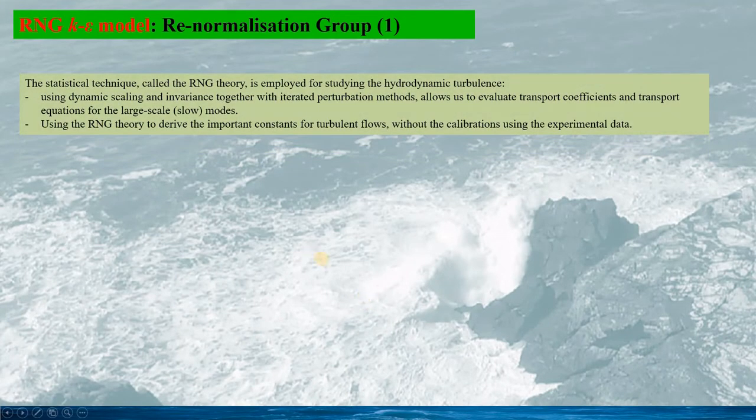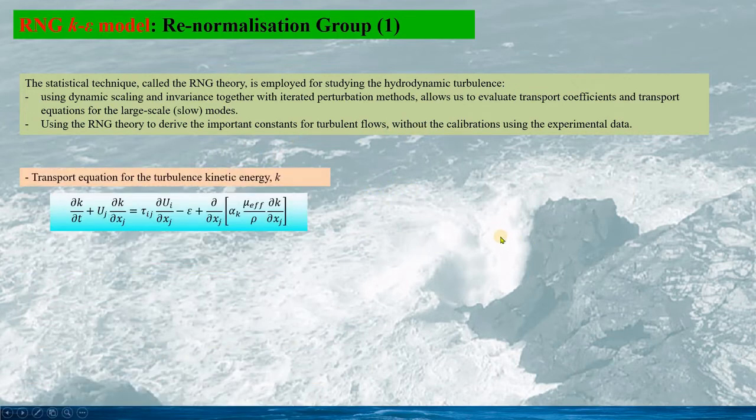In this slide, the statistical technique called the renormalization group, RNG, theory is employed for studying the hydrodynamic model, and this statistical technique is used on the Navier-Stokes equation directly to derive the relevant equations and the important constants for turbulent flows. So the transport equation from the RNG theory is given as this.